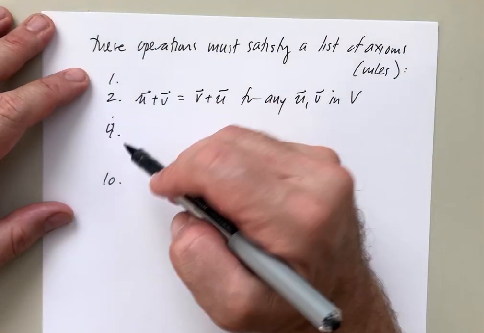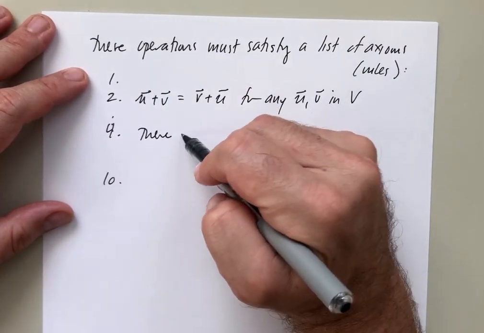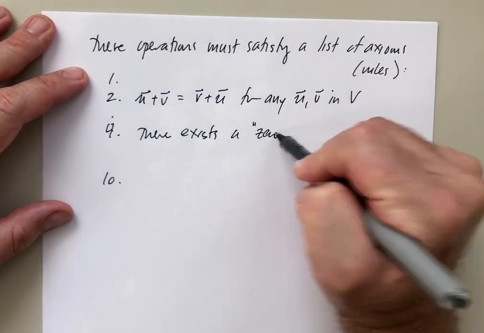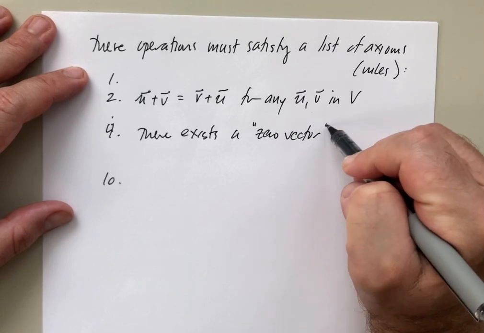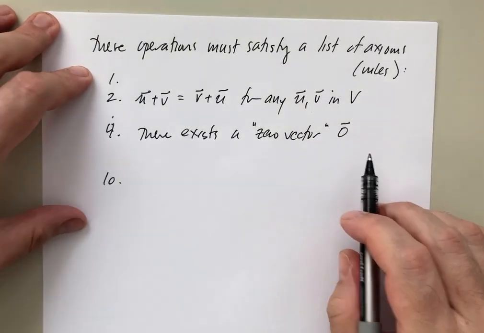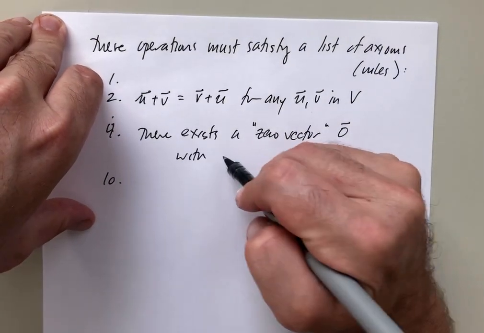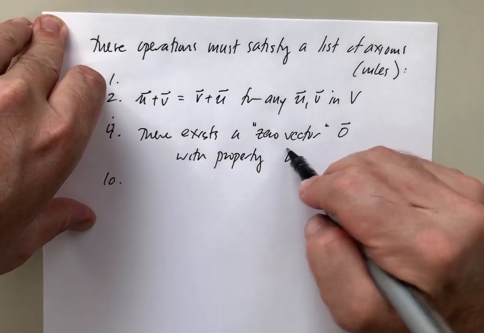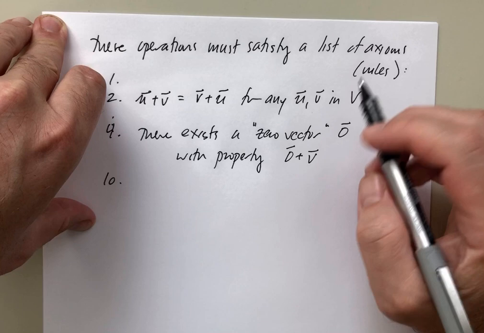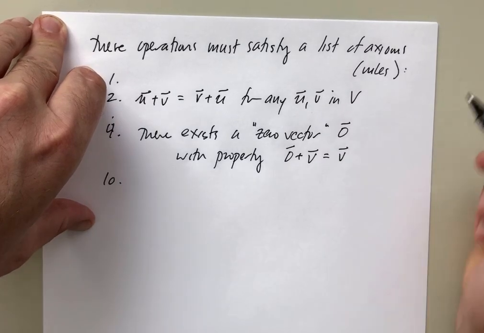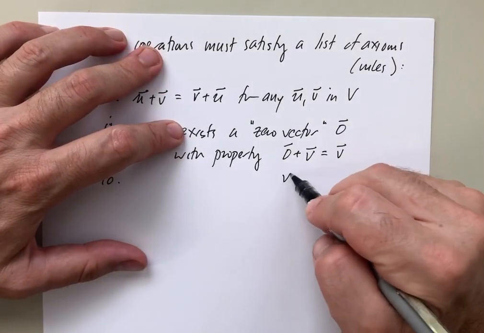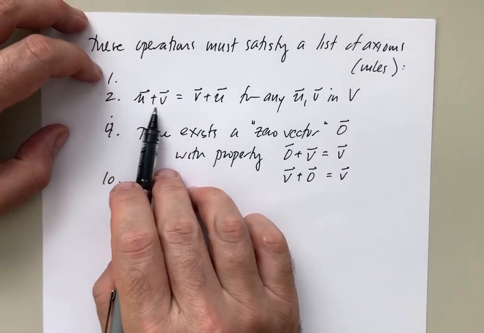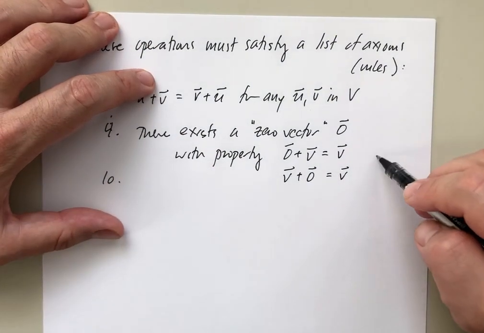What this says is that there exists what's called a zero vector, which we'll usually call 0, with the property, right, what does the 0 vector do? Well, whenever I take the 0 vector plus any vector, I get that vector back. And of course, that should also happen if I add on the other side. I know that addition is commutative, and this should happen for any v in V.